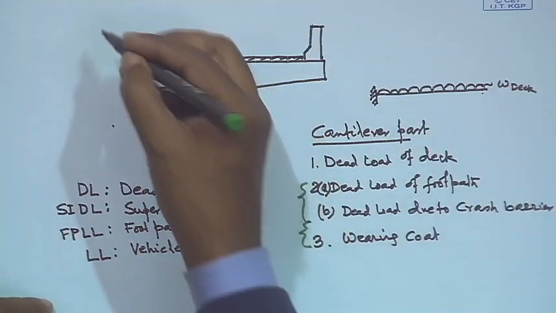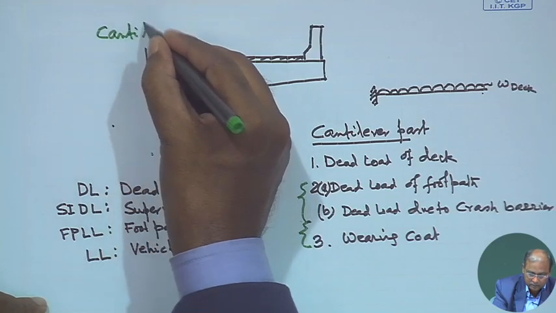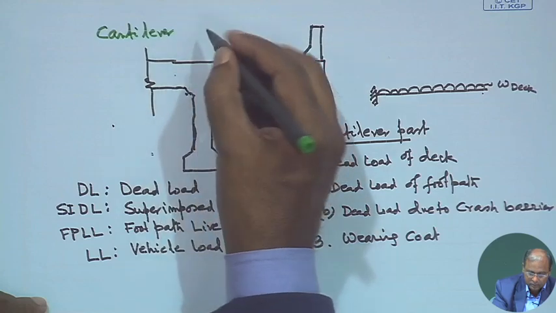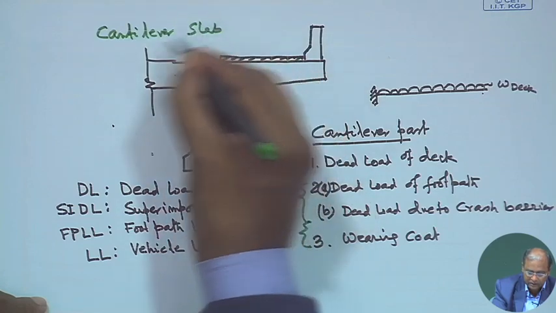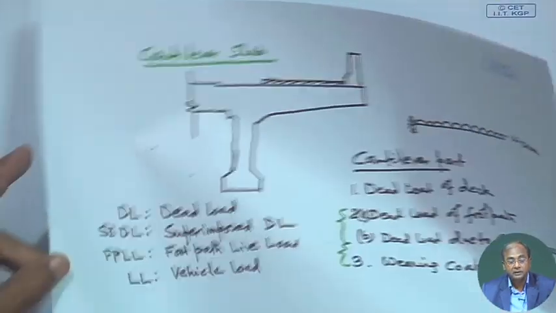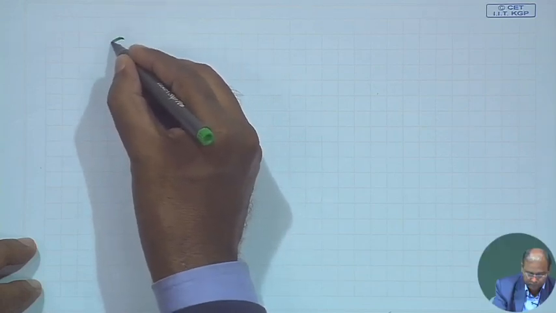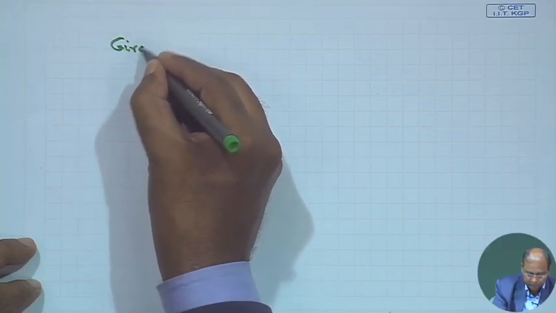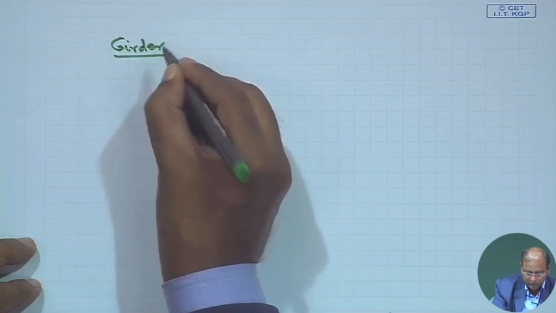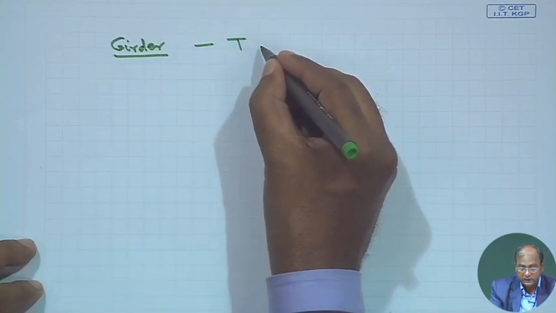So, the cantilever beam is another one we design, and the slab here that we have to design. The next part is the girder, which in our case is a T beam.